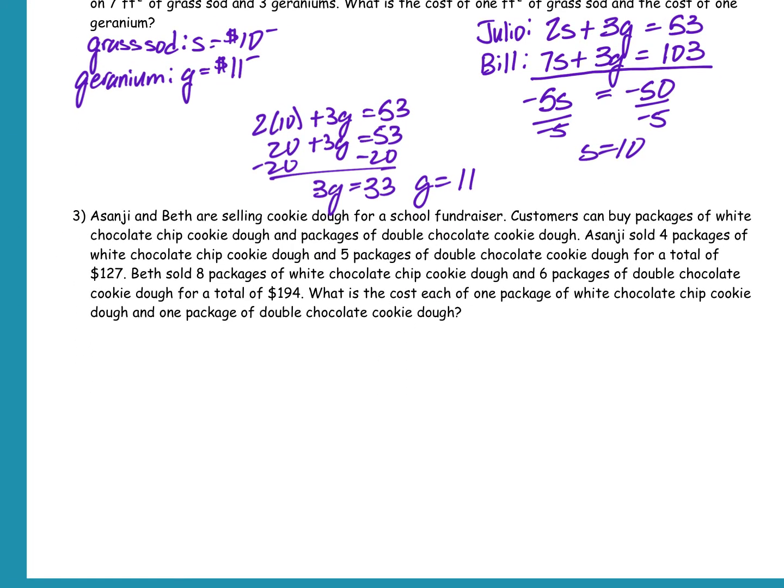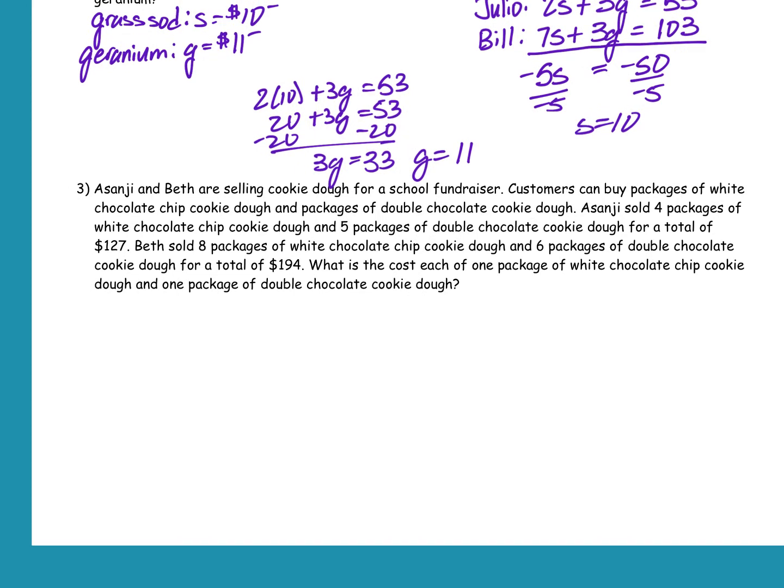And here we go for the last one. Please don't laugh, because there's lots of words in here and I trip over them. Asanji and Beth are selling cookie dough for a school fundraiser. Customers can buy packages of white chocolate chip cookie dough and packages of double chocolate cookie dough.